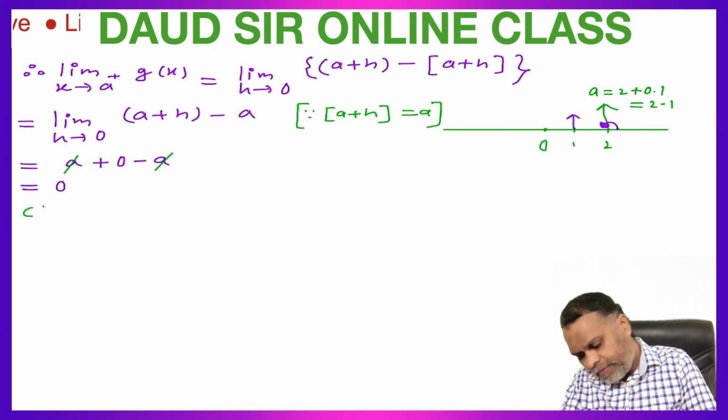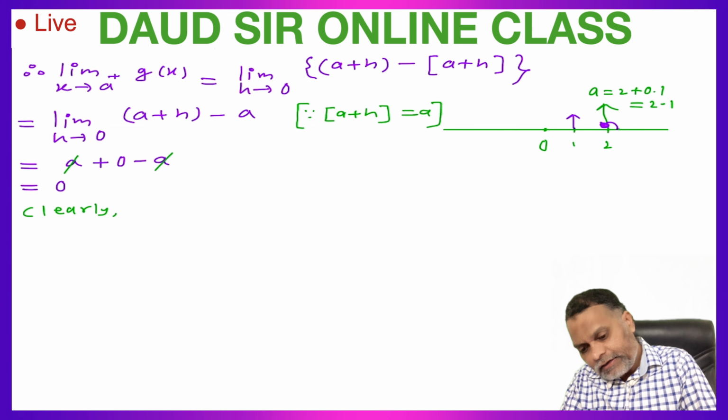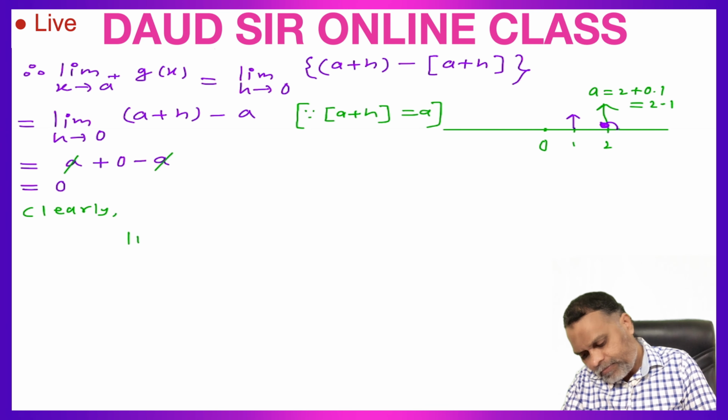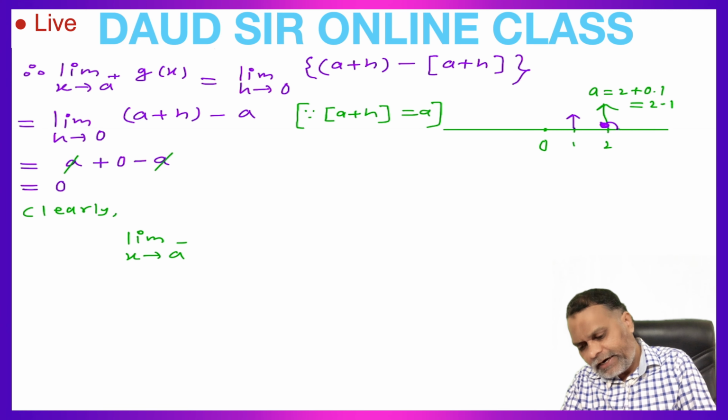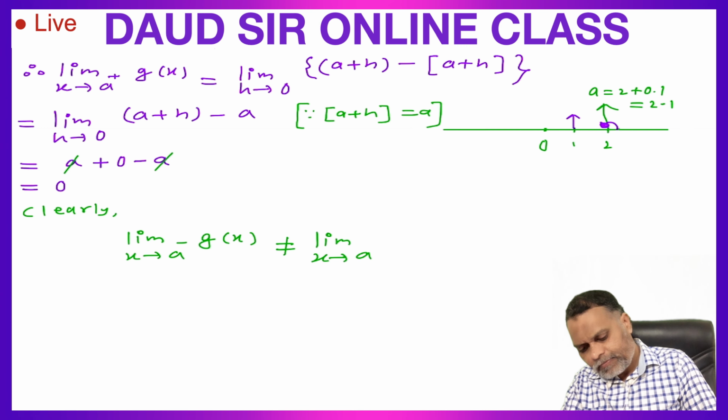So clearly, the left hand limit, limit x tends to a minus of g of x, is not equal to the right hand limit, and the right hand limit is equal to g of a.